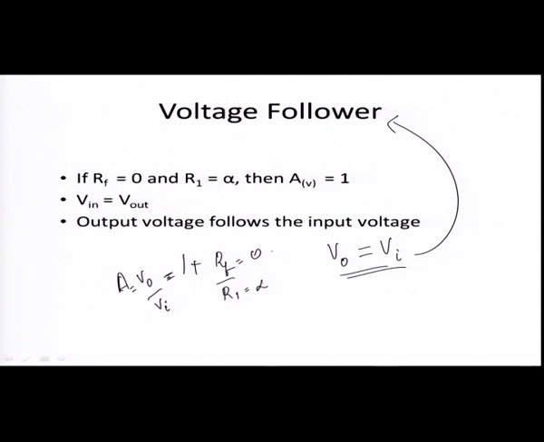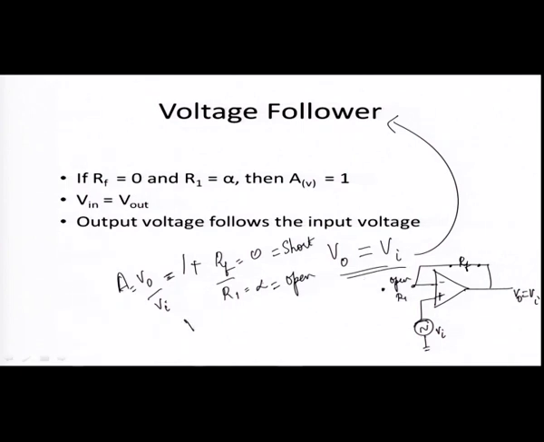So, in the circuit, if RF is 0, then it is a short circuit. If R1 is infinity, it is an open circuit. So, in the non-inverting amplifier, here you have RF, but if it is shorted, and also if the input resistor R1 is open, and here you can give any input signal, say Vi, then your output voltage will be equal to the input voltage.